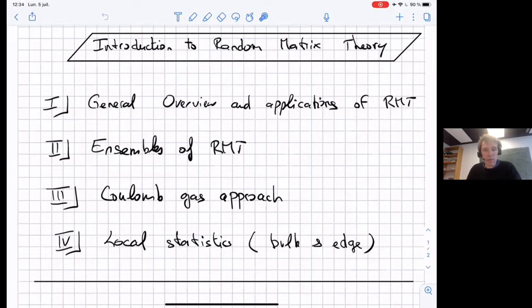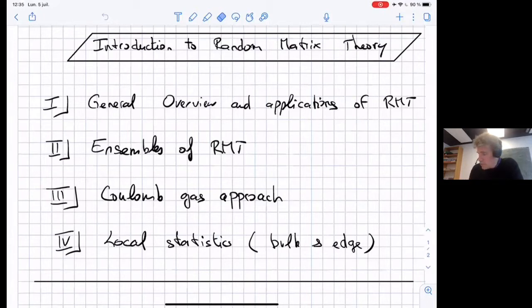I will not enter into the details, but just tell you where it comes from and what the main questions in this topic are. Then I will be a bit more precise and discuss some ensembles of RMT. I will first show you some Wigner ensembles, and then I will discuss the rotationally invariant ensembles, going to the Gaussian orthogonal and unitary ensembles in particular.